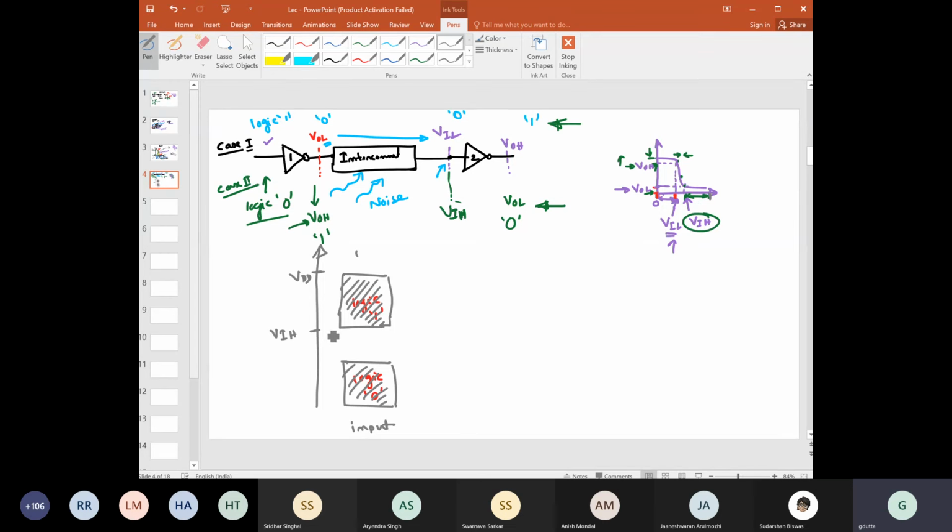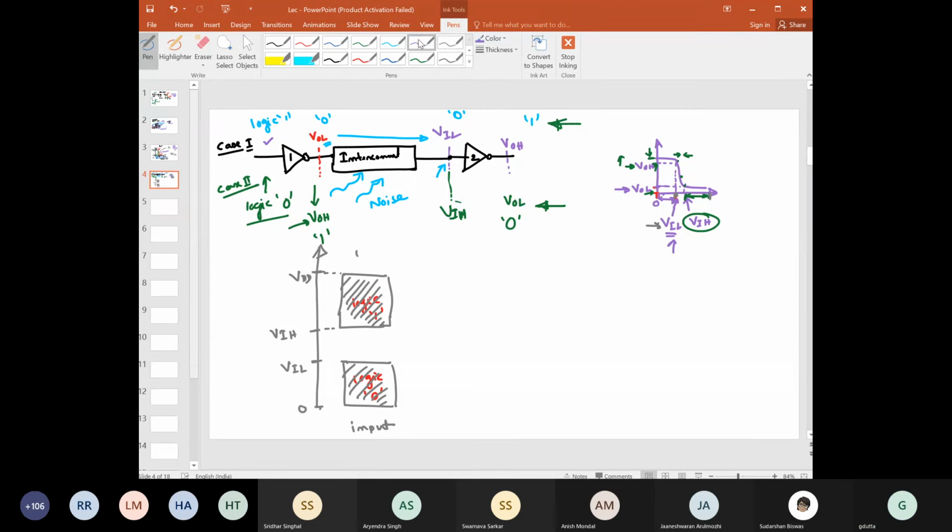So this is VIH. For logic 0, the minimum voltage is obviously 0. The maximum voltage which can still be considered as logic 0 input is VIL. So there will be a gap between this VIL and VIH. This is the transition region. Is that clear to you?